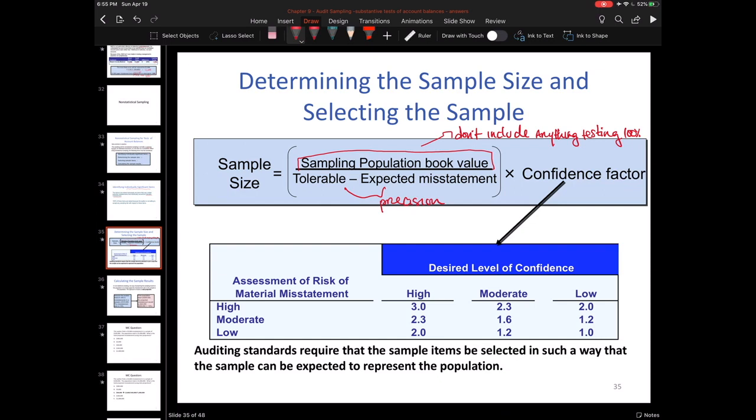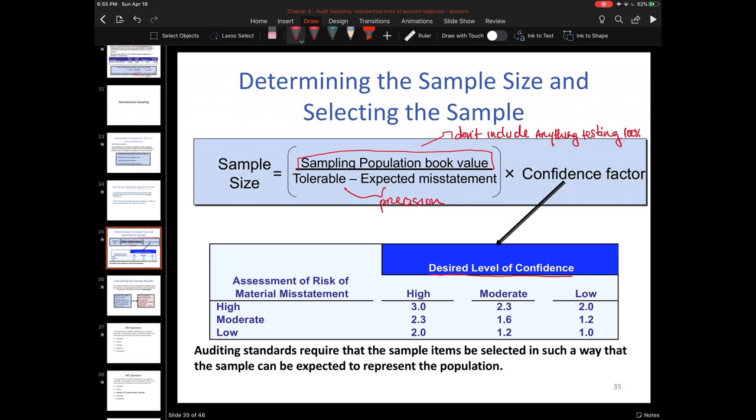The confidence factor consists of your desired level of confidence, which is similar to confidence level. But because it's non-statistical sampling, we cannot be as precise as saying my desired level of confidence is 90, 95, 99. You cannot get that precise.